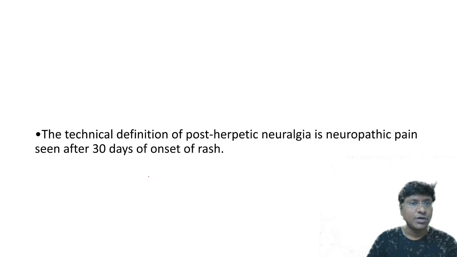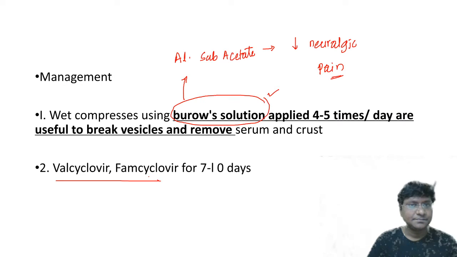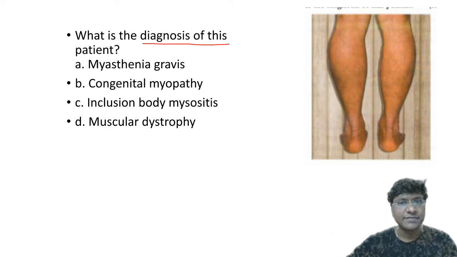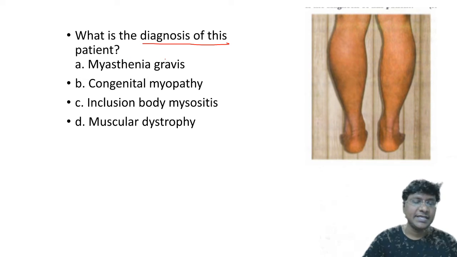Next, we will move on to the next question. What is the diagnosis of this particular patient? Myasthenia gravis, congenital myopathy, inclusion body myositis, muscular dystrophy.